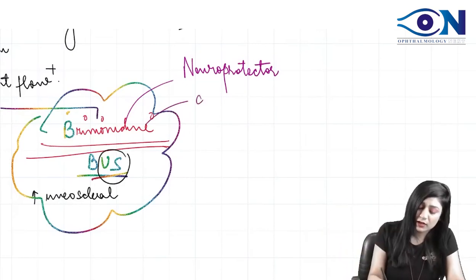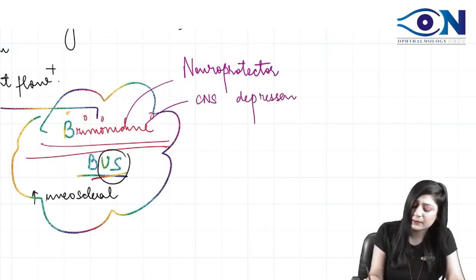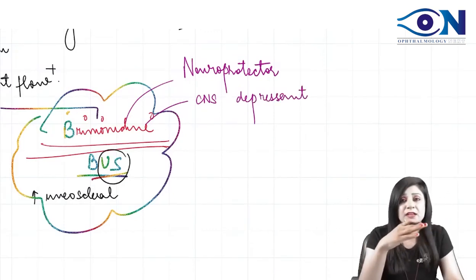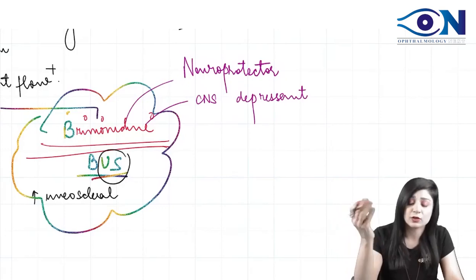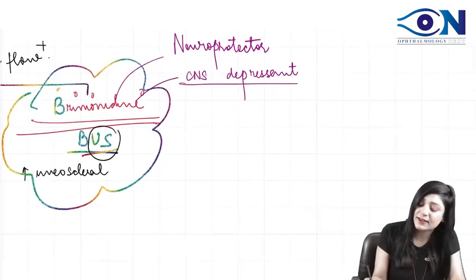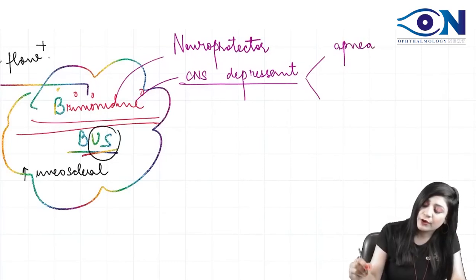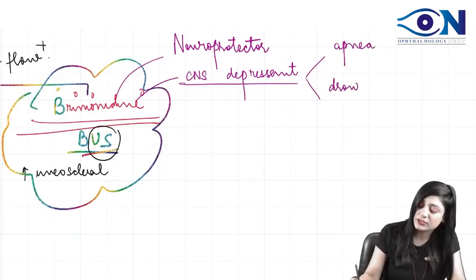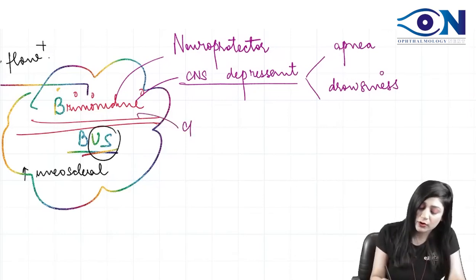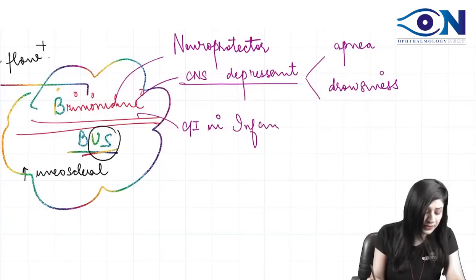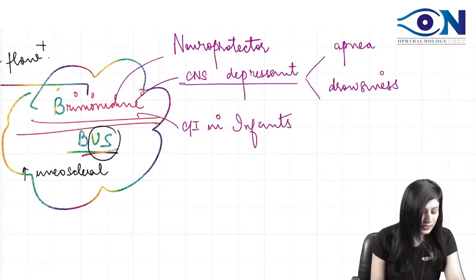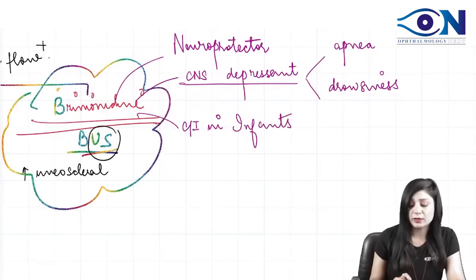It is also a CNS depressant, and if you go back to the AIIMS PYQs, you will get many questions that it's a CNS depressant. Which drug causes apnea, or which drug causes drowsiness? Which drug is contraindicated in the infant? In all these conditions, your answer will be brimonidine only.